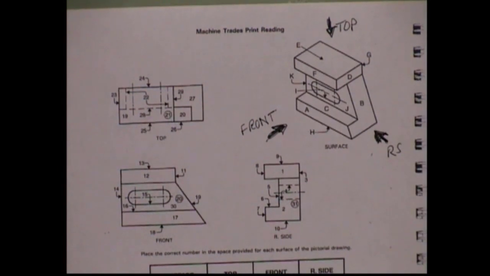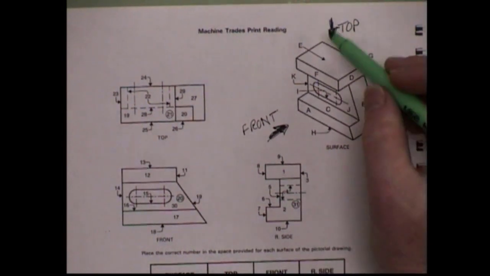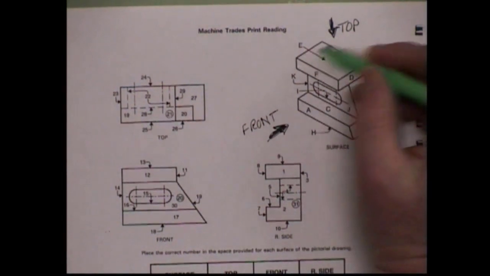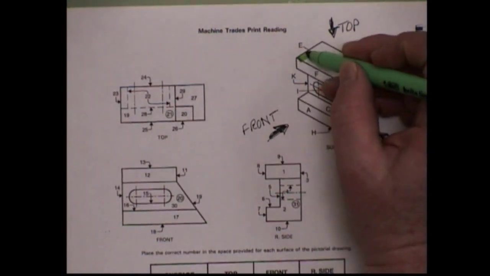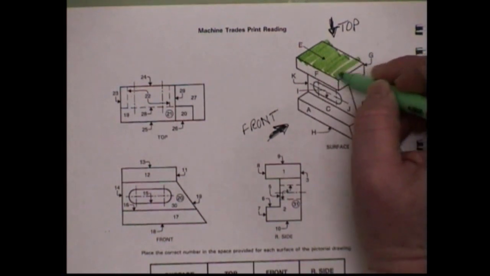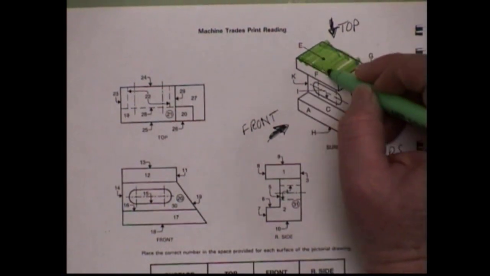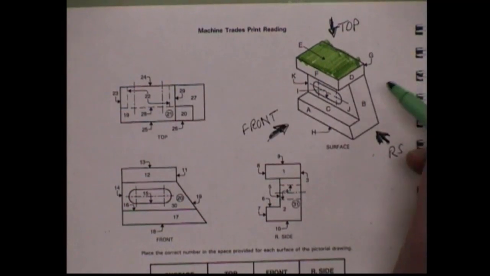So E. E in the top view is what? Well, let's look at E. Do we see that in the top view as a surface? We do, correct? So I'm going to color that in just to help us out. What about C? Are we going to see that in the top view?